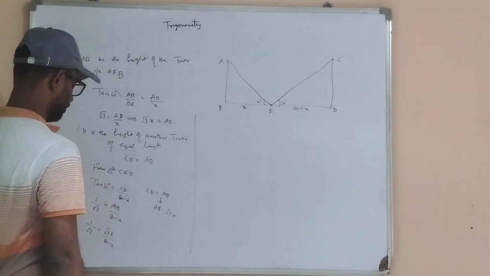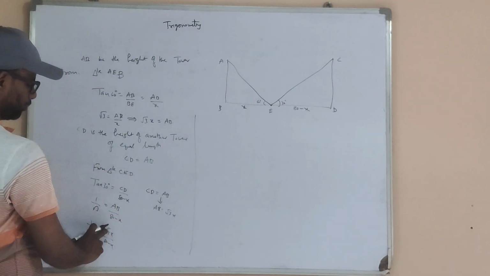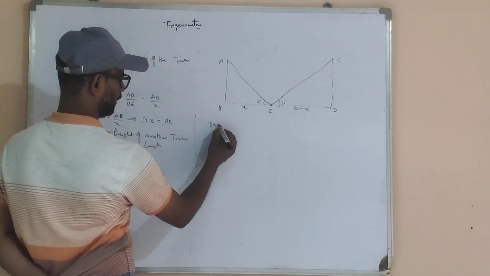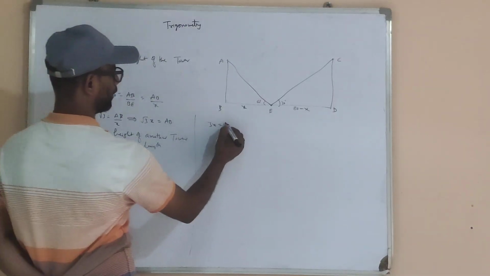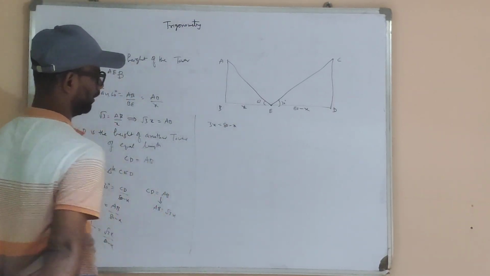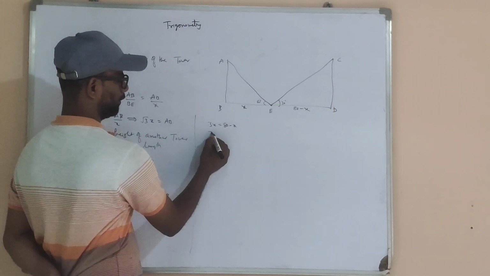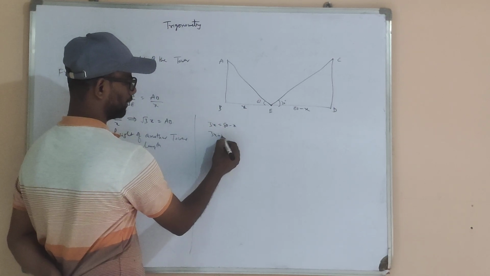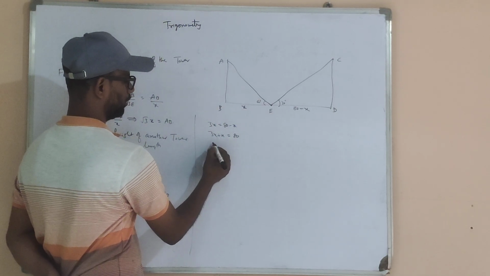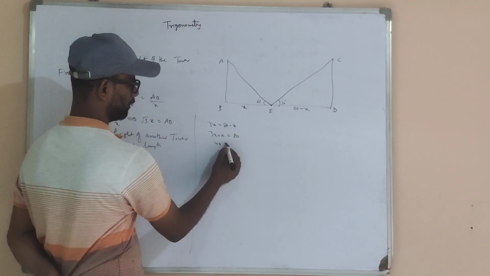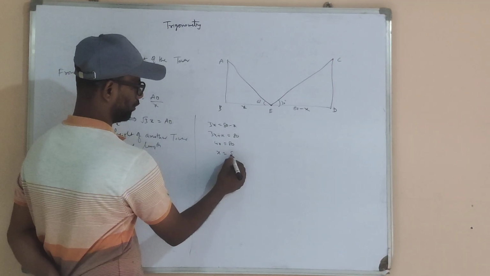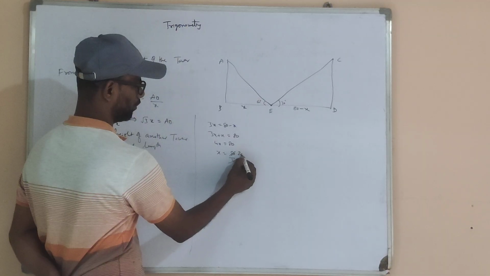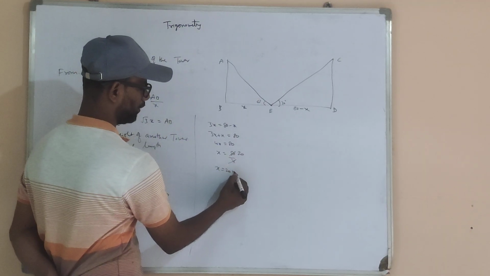On doing cross multiplication, root 3 into root 3 is 3. 3x is equal to 80 minus x. So 3x plus x, 4x is equal to 80. x is equal to 80 by 4, which is 20. So x is equal to 20 meters.